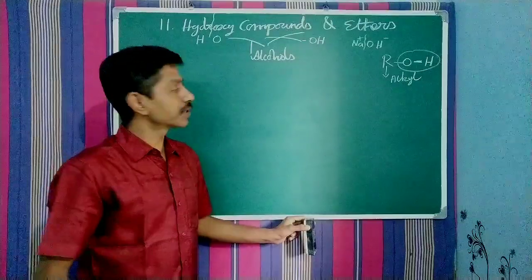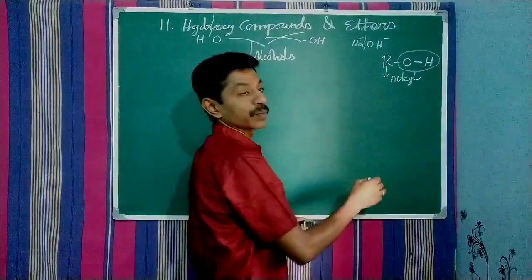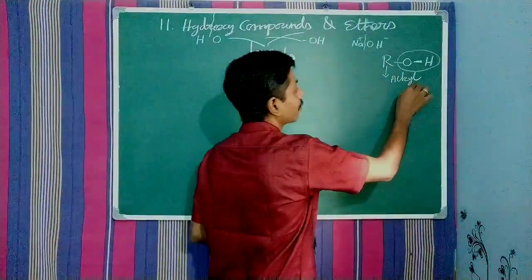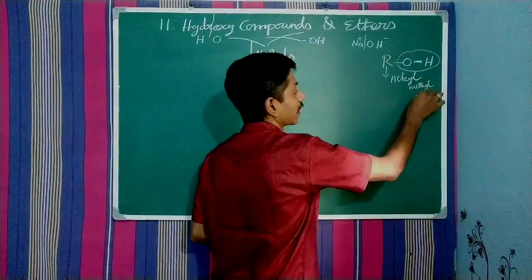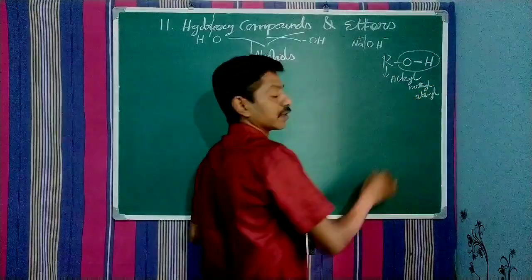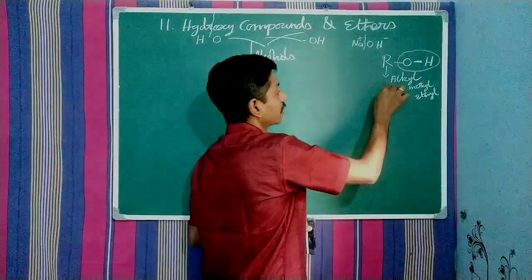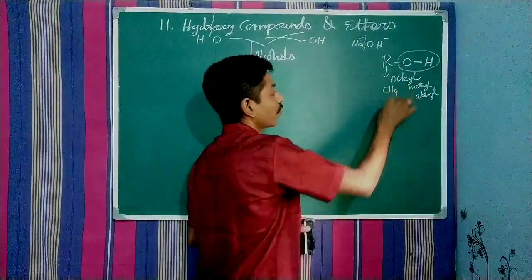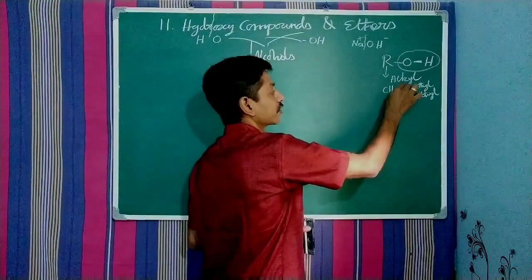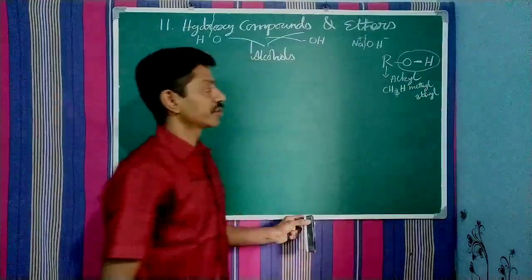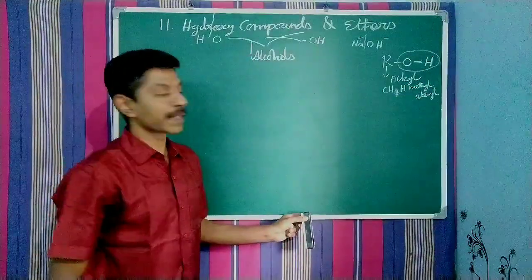And you may have a question now: what is an alkyl group? An alkyl group can be a methyl or ethyl group. See, like CH4, I am going to write methane as CH3 and H, that is CH4.